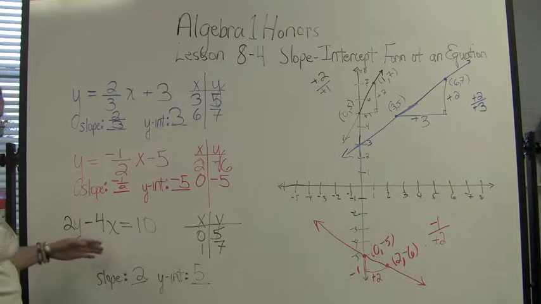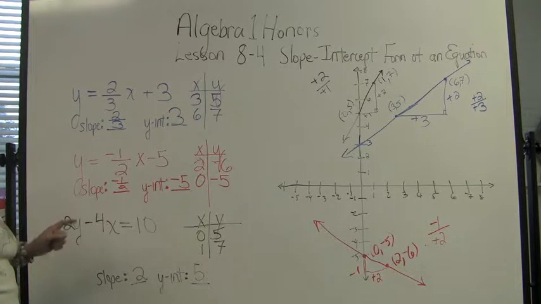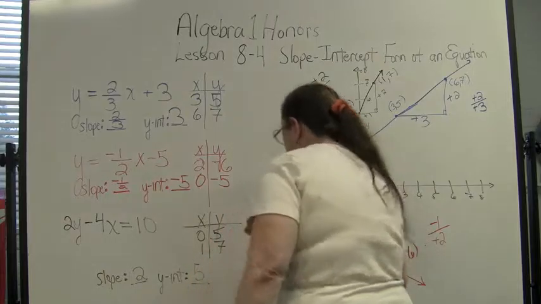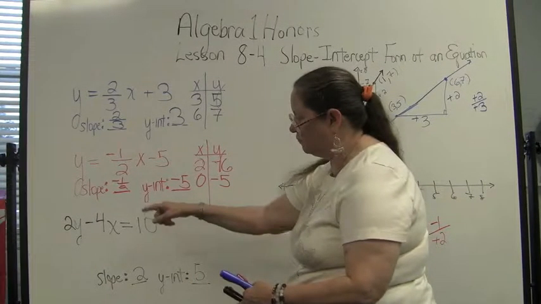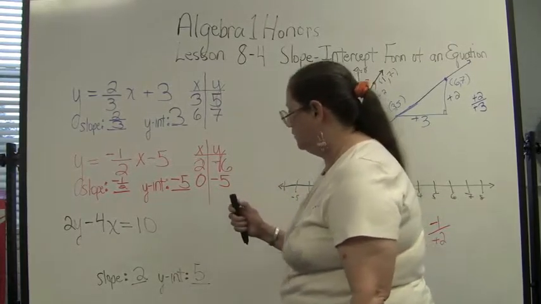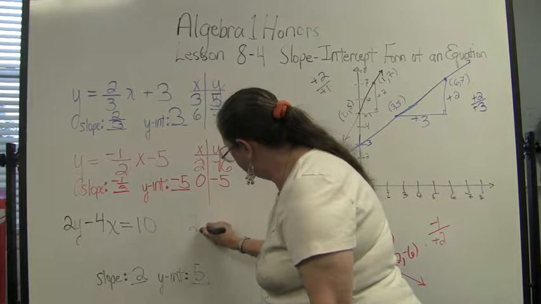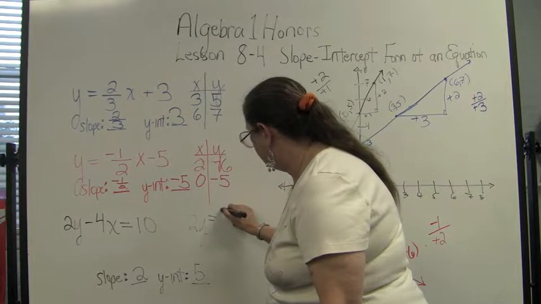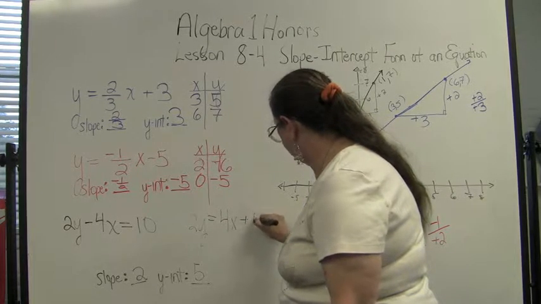So let's see if we can change this equation into this format and see if that preserves our pattern there. So the first thing we're going to do, get this so we have some space, is I'm going to move the 4x to the other side. So we're going to add 4x to both sides. That gives us 2y equals positive 4x over here when I add it, plus 10.